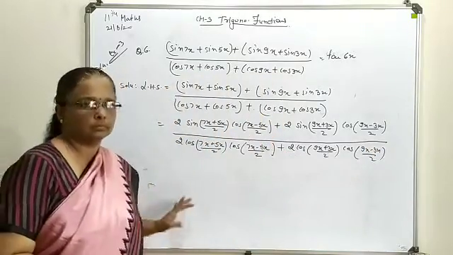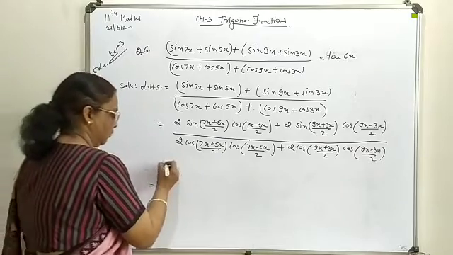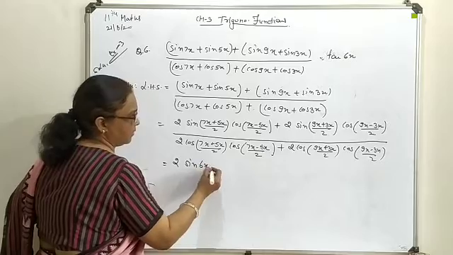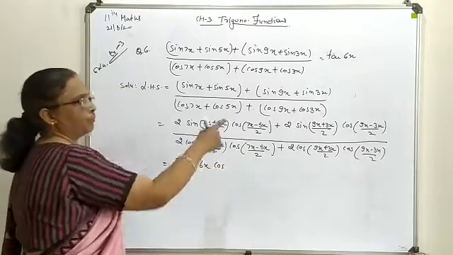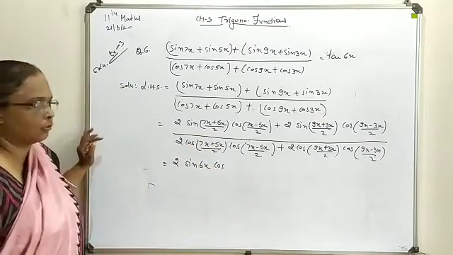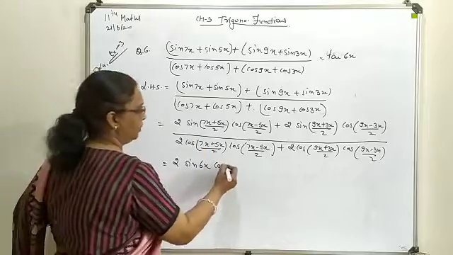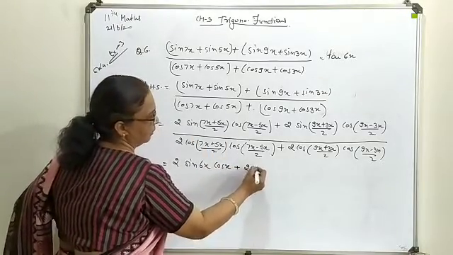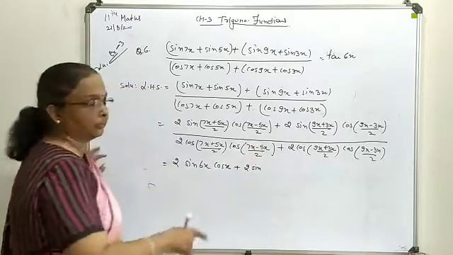Make all terms solve. This will give you sin of 6x. This will give you 7 minus 5, 2. 2 upon 2 means x only. Further it will give you 2 sin 12 upon 2, 6x.